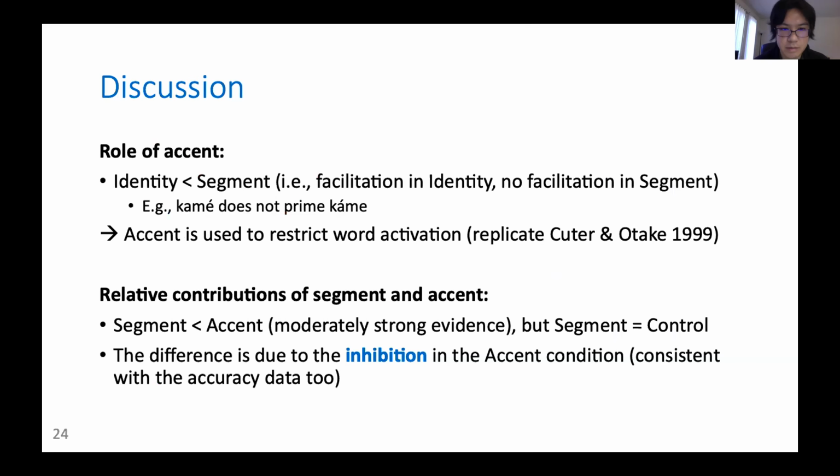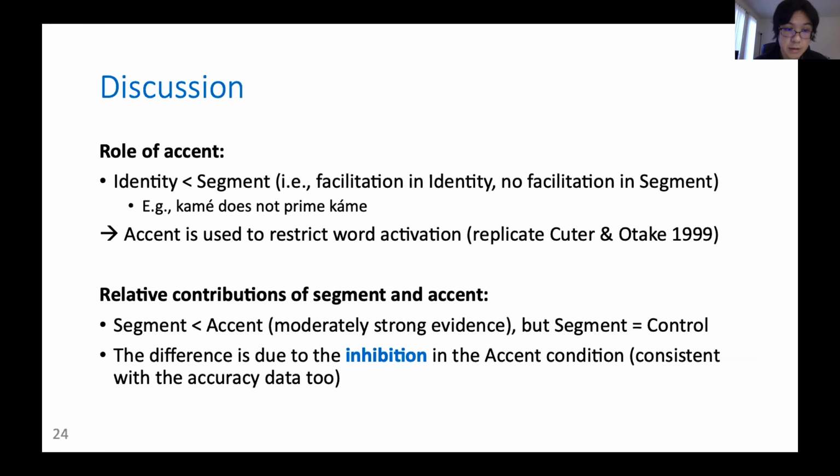Okay, thank you. So basically, we found the facilitation in the identity prime in terms of reaction time, but we didn't find any facilitation in the segment condition. And we basically replicated Kato and Otake's study by showing that accent is used to restrict word activation in Japanese.